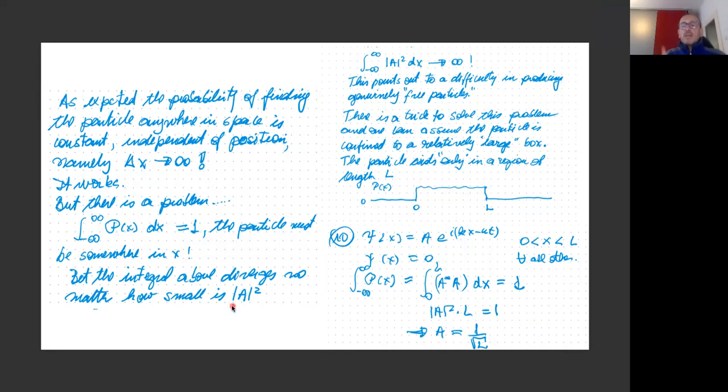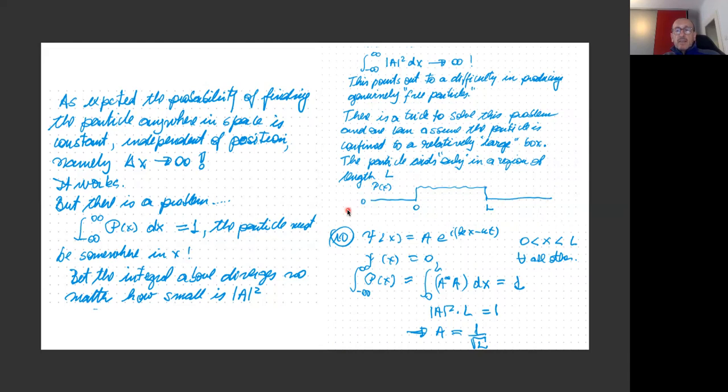So there's a way of getting around that, and it is that the particle is not really from here to infinity, but it's in a wide region of space. So let's assume the probability of finding the particle is 1 between position 0 and L, and it's going to be 0 everywhere else.